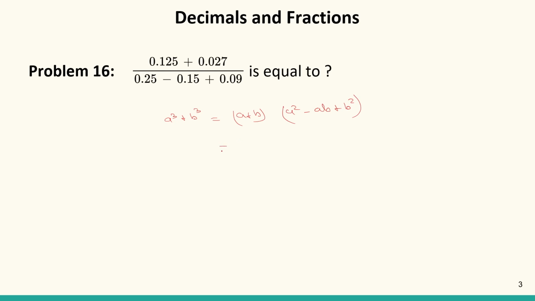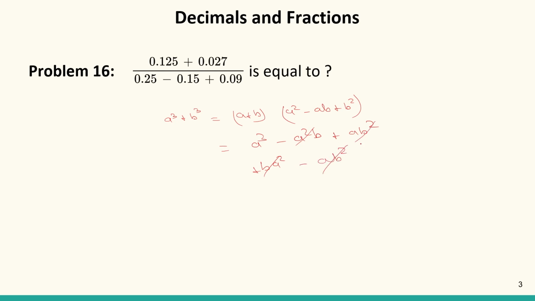So let's prove it. This will be a cube minus a square b plus ab square, and then when we multiply b with this term, what we are left with is ba square. So these two will vanish, and then it will be equal to minus ab square.